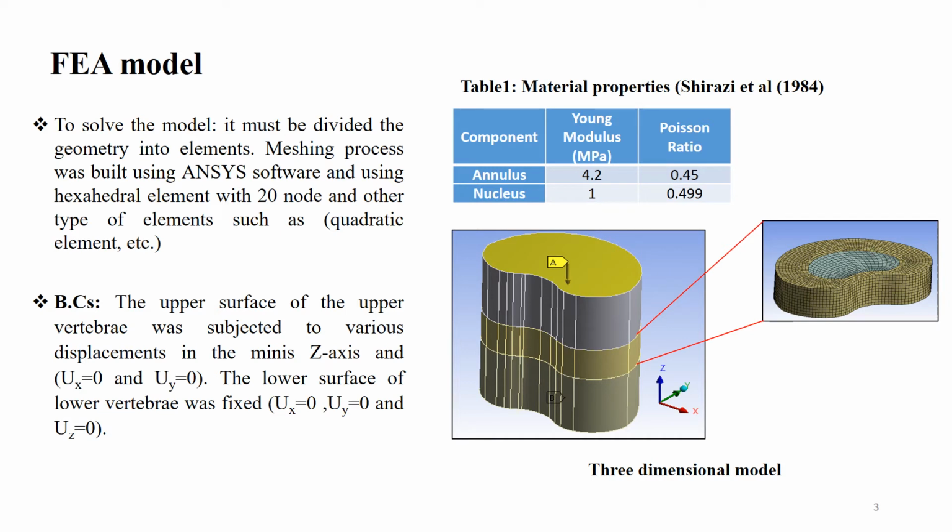In this slide, I would like to explain the finite element model. First of all, the material properties of this model are shown here in this table from the Shirazi study.